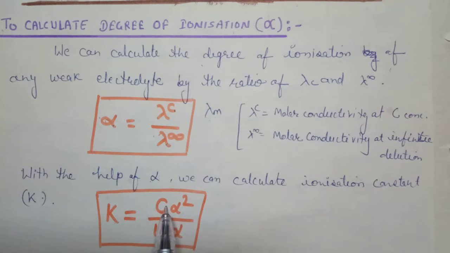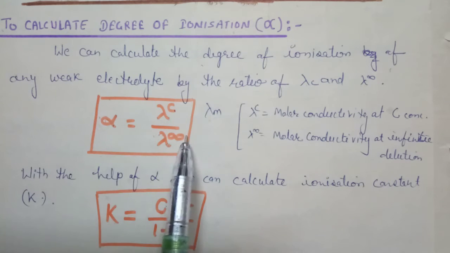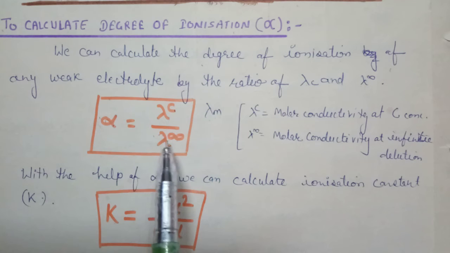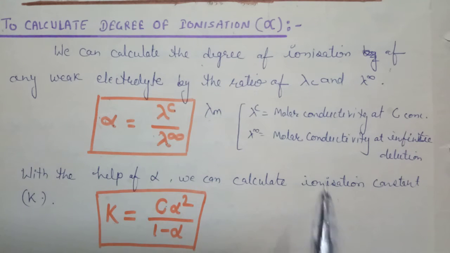C is the concentration of the solution given, and alpha is the degree of dissociation. We can calculate alpha from this formula, and C is always given. Then we can easily calculate the ionization constant, or dissociation constant.